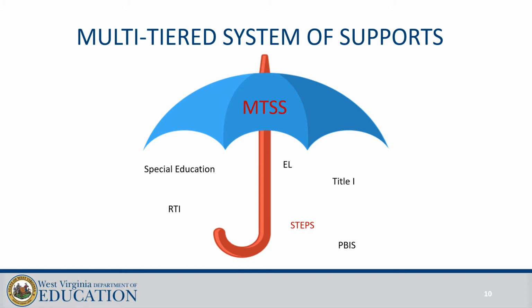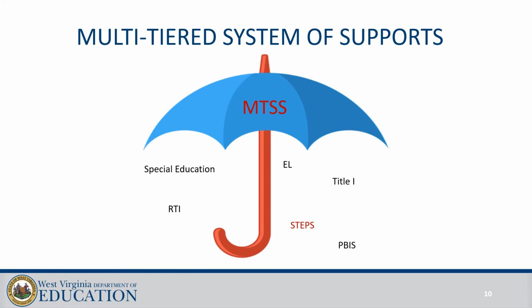MTSS, or Multi-Tiered System of Supports, is an umbrella for all supports provided to students, including special education, Title I, RTI, and even the STEPS program. MTSS is a school-wide system which looks at how to adapt the curriculum and support all students so that they can learn to the best of their ability.